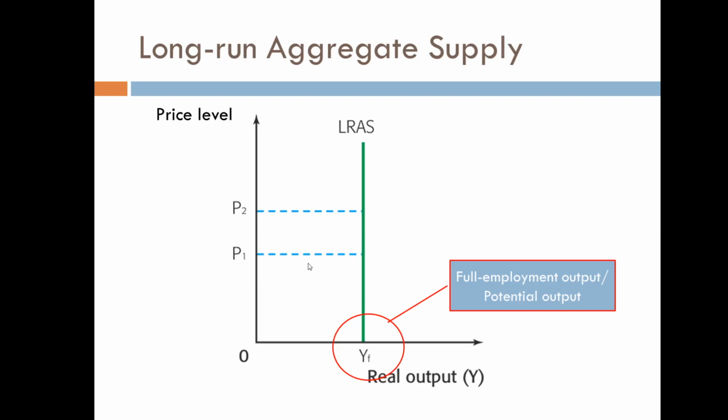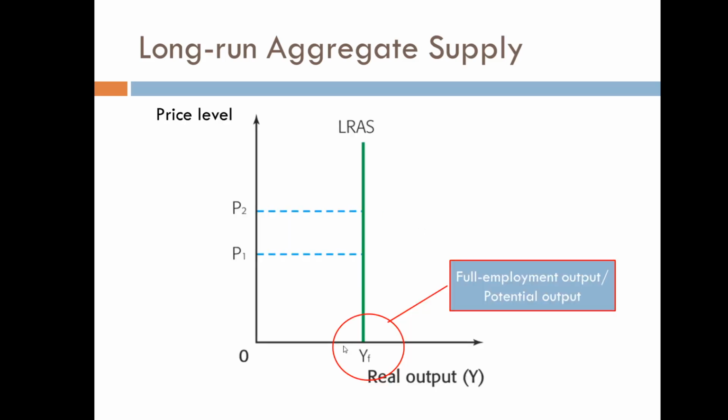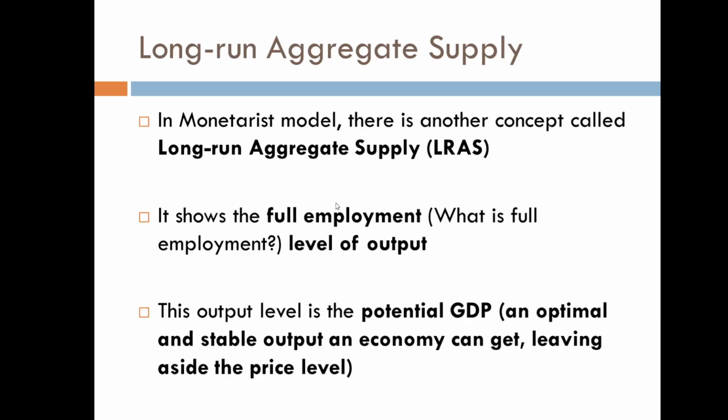Before we go, here is the summary of long run aggregate supply. You will only see a long run and short run aggregate supply curve when it comes to the monetarist model or the neoclassical model. When we reach the output in LRAS, we know that we are at the optimal level of output, which means that we will have full employment.